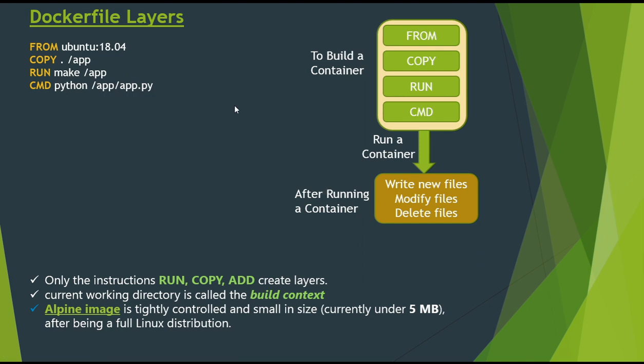Any Docker image consists of read-only layers, each of which represents a Dockerfile instruction. So whenever we put instructions, those will be read-only layers. The layers are stacked, and each one is a delta of changes from the previous layer, right?